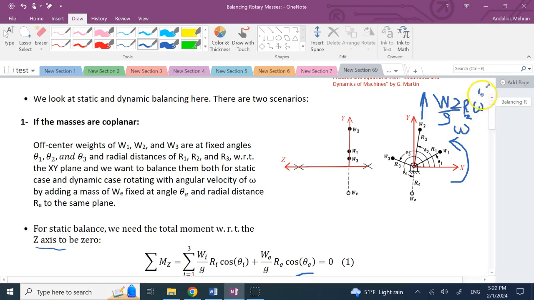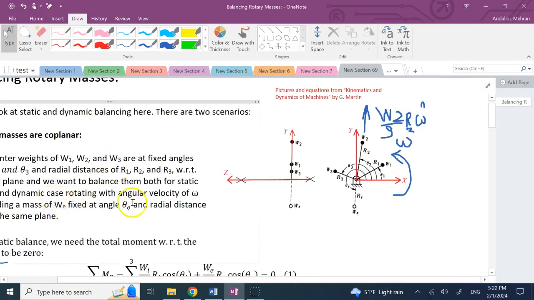So it is going to be like this. Let me move it a little bit. So this is the centrifugal force corresponding to the spinning mass or weight M2 or W2.